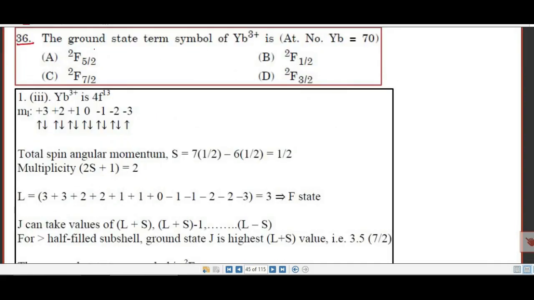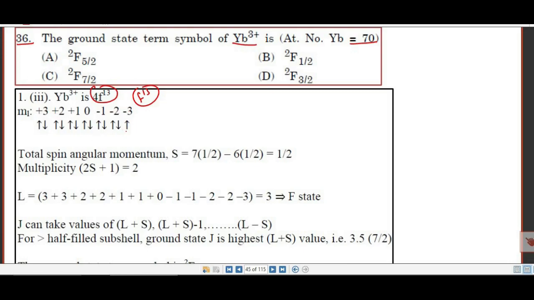Question number 36. The ground state term symbol for ytterbium Yb3+ is, atomic number of ytterbium is 70. So ytterbium 3+ is 4f13. The ml is +3 for 7 orbitals: +3, +2, +1, 0, -1, -2, -3.